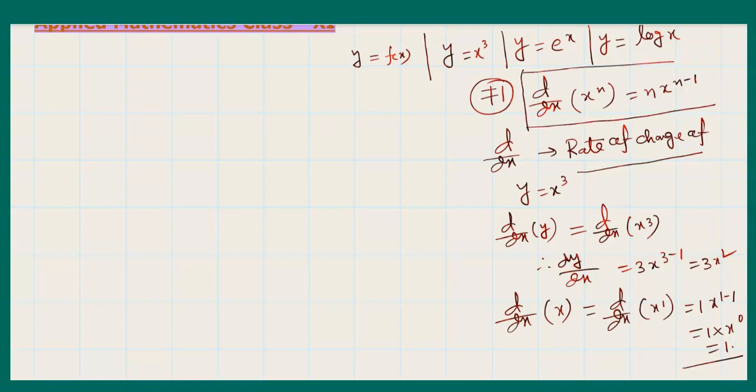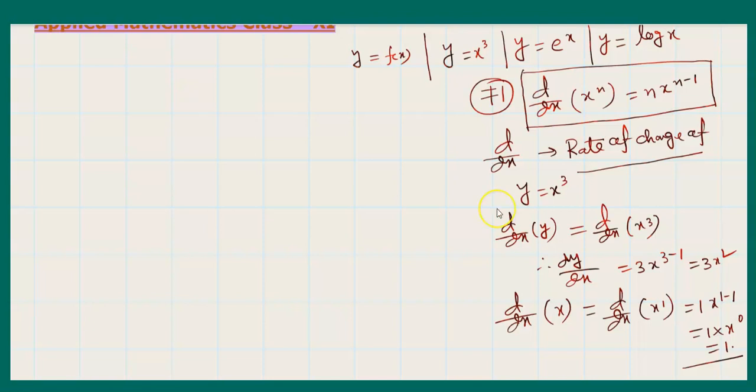So this formula is derived from there. Right now we will be applying these; the derivation is not required for your school based examinations. Even for any entrance examination, the concept of first principle is there, but how to find a derivative by using first principle is not required.